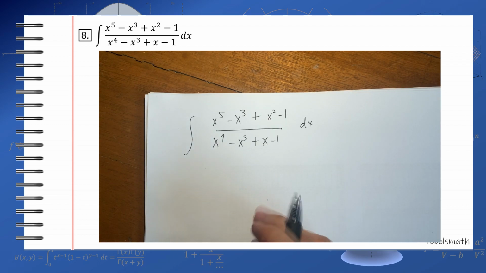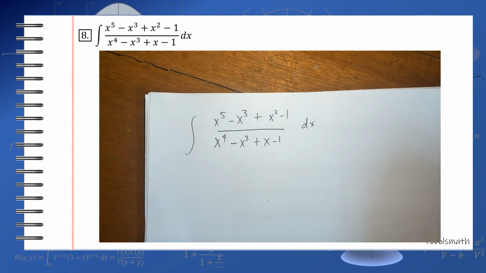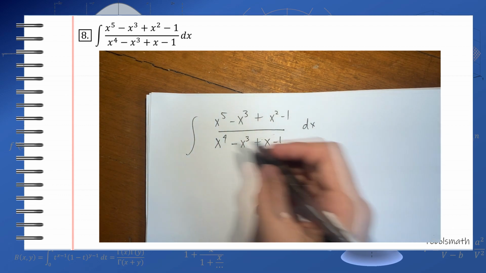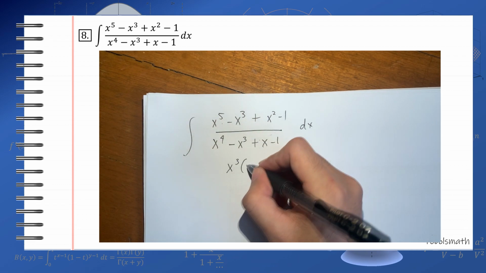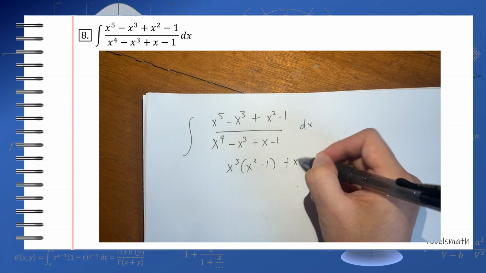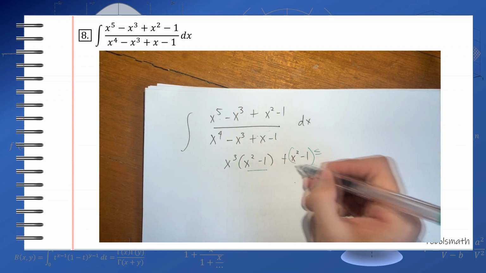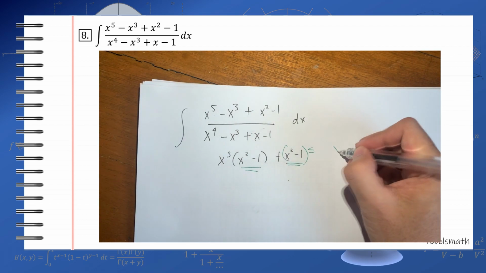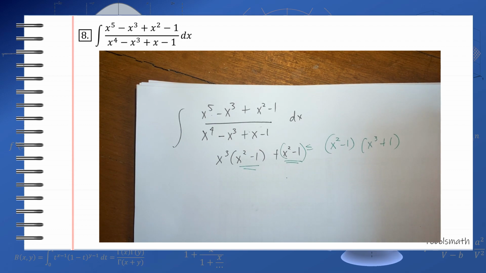You should get the feel that there's something common between the numerator and the denominator. Let's try to factor them. For the numerator, we can factor out x cubed for the first terms, plus x squared minus 1. So we have this and this common. We can factor that out: x squared minus 1 times x cubed plus 1.